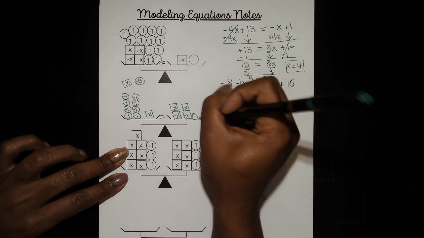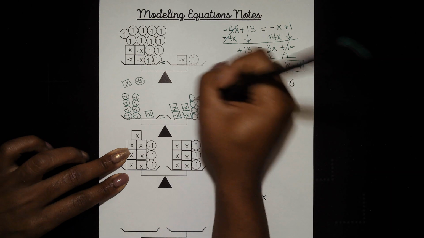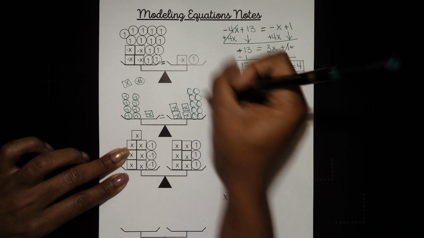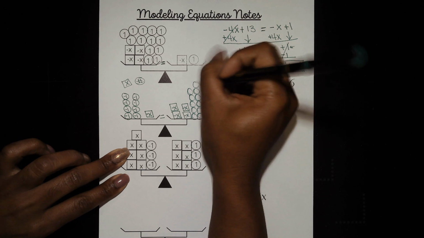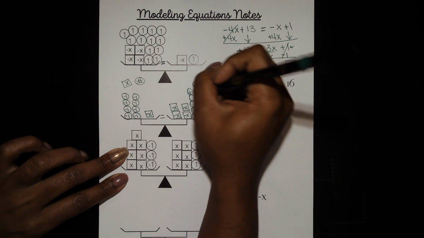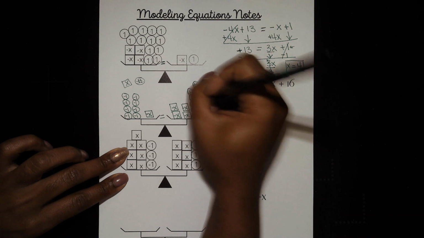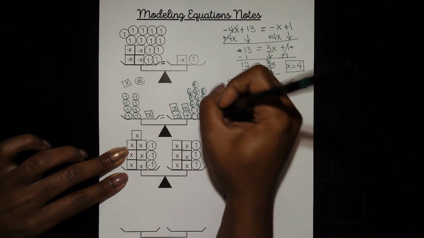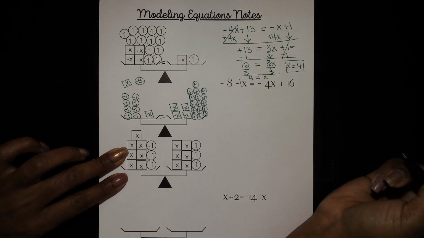So 1, 2, 3, 4, 5, 6, 7, 8, 9, 10, 11, 12, 13, 14, 15, 16. And these are all positive, so I'm just going to put positives in it. I know that they are 1s because they're circles and not squares. So that's how I would identify my model.